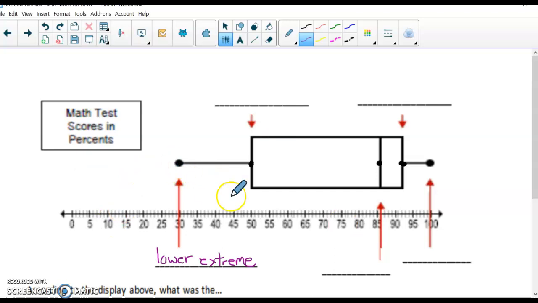So this is the lower extreme, and then up here we're going to have the upper extreme. Oh boy, that was easier doing it with my finger than with the mouse. Okay, here in the middle, this is called the median.